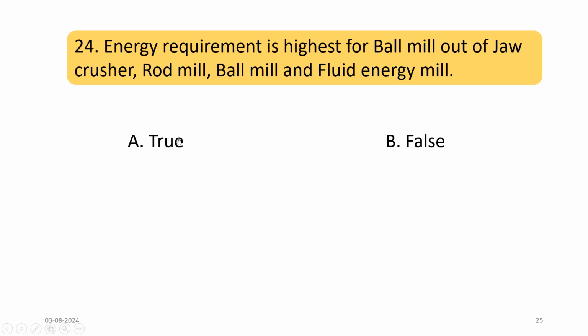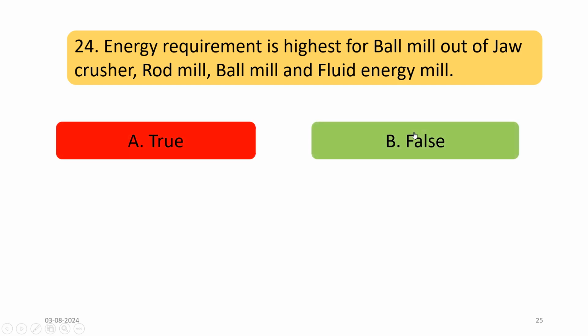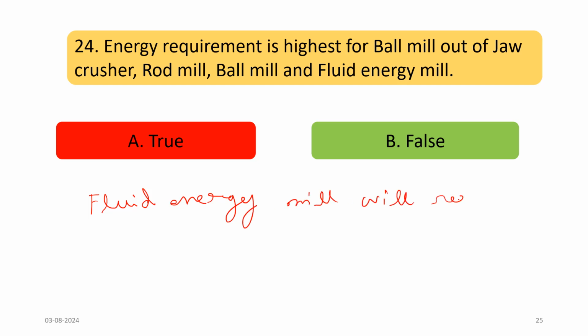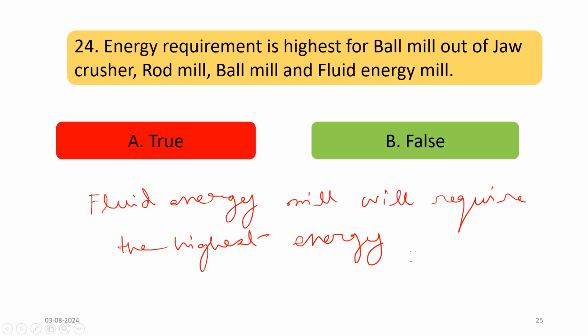So the answer is false because fluid energy mill will require the highest energy. Among these four, I am comparing. Maybe there are some other equipment also which needs more energy than the fluid energy mill. But among these four, fluid energy would be the right answer.